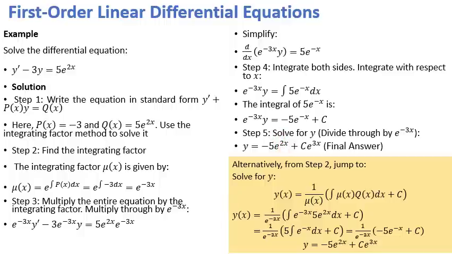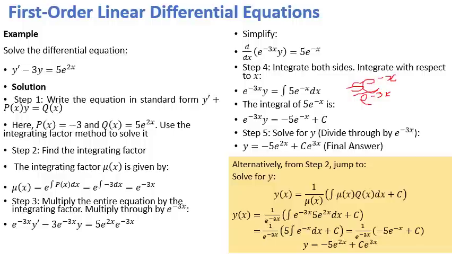What that will result to will be minus 5 all over exponential raised to power minus 3x, and exponential raised to power minus x here.